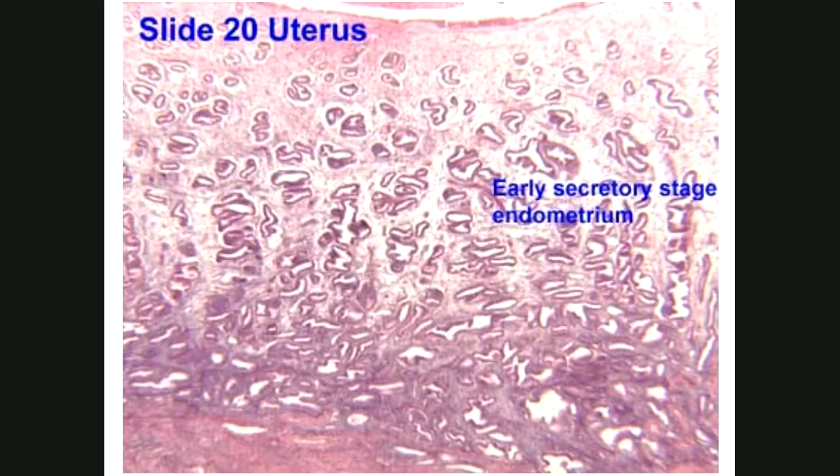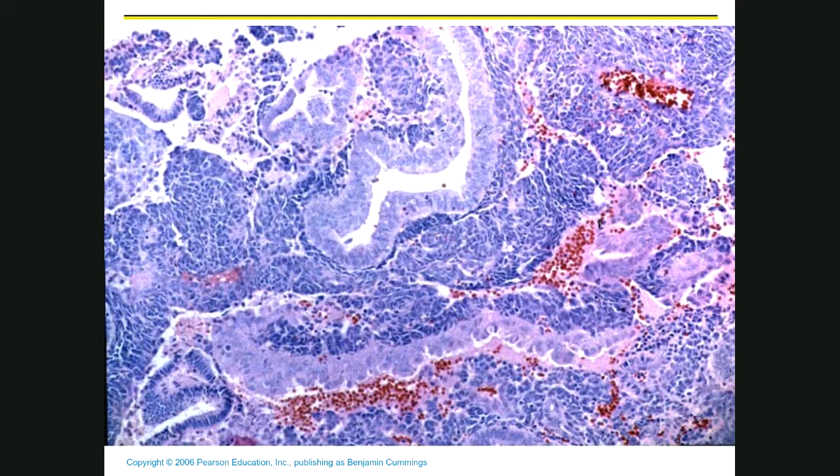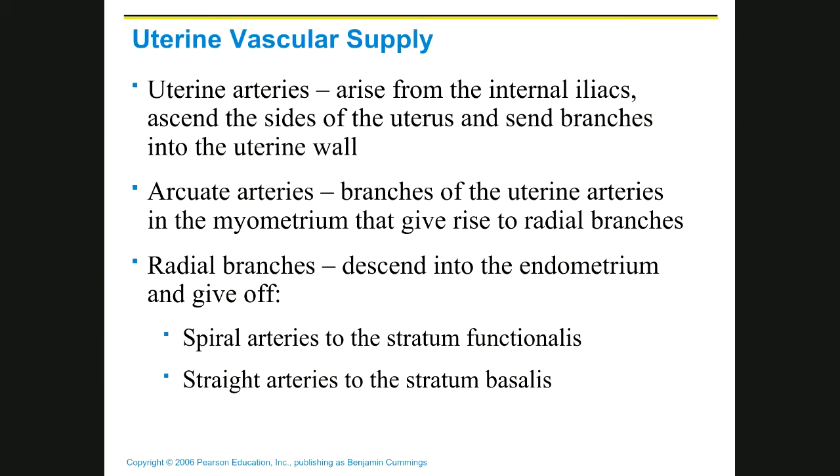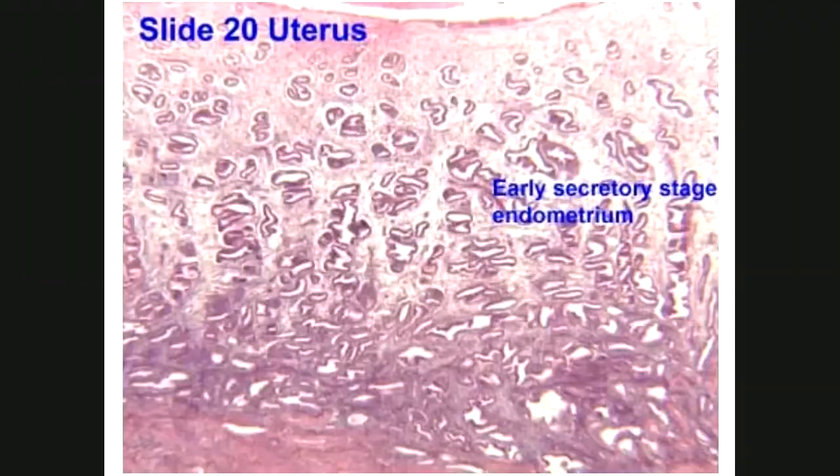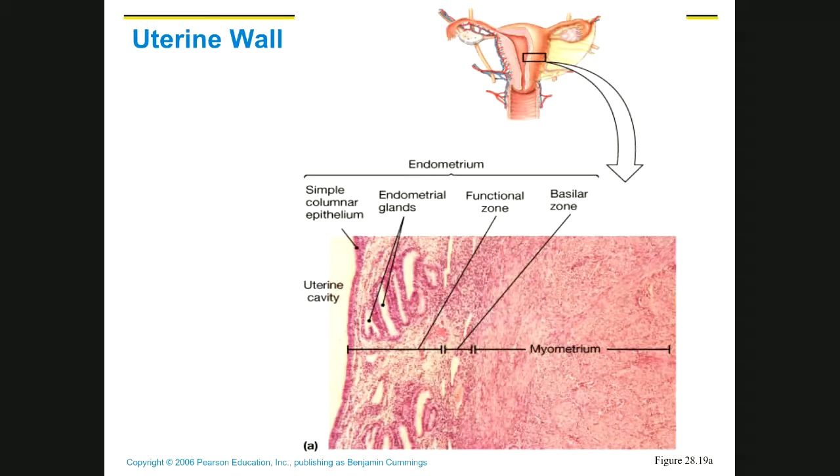And look how many glands there are in here now. And those glands secrete. And then it's going to slough off. And so we're going to get bleeding. Again, it's a process that happens over and over and over again. It's a cycle.